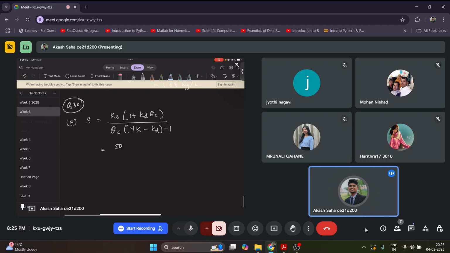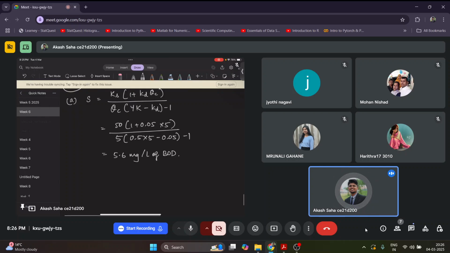So it will be 50 into (1 + 0.05 into 5) divided by (5(0.5 into 5 - 0.05) - 1). Okay, so I will get 5.6 milligram per liter of BOD. So this is my effluent concentration.